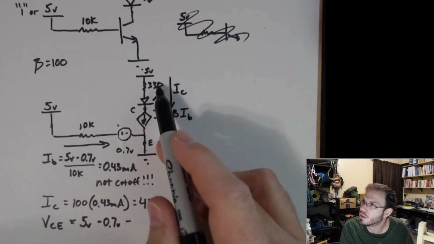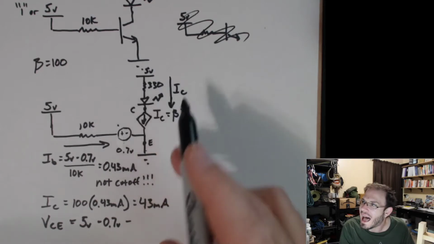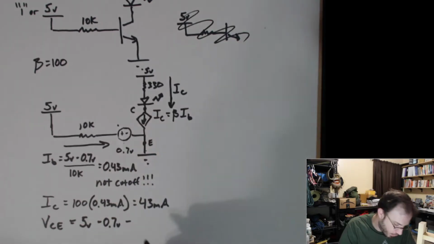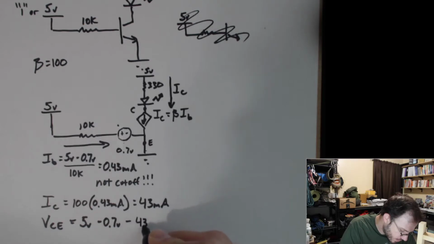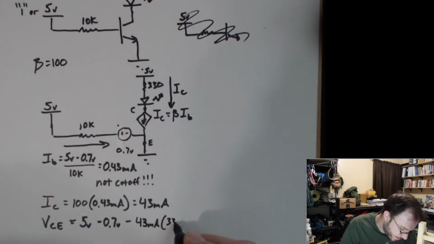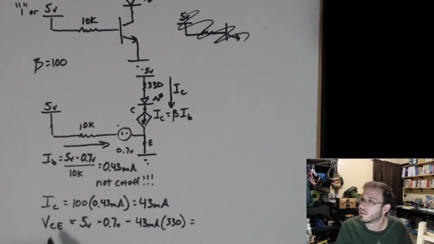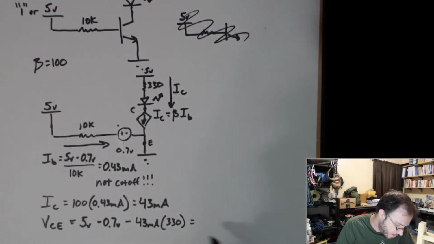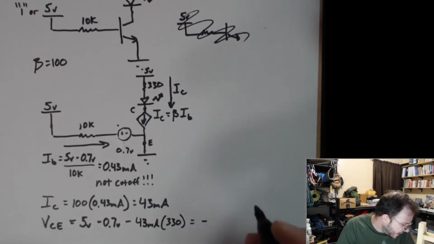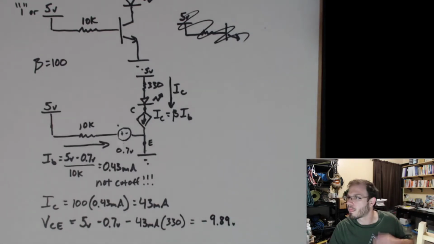We specify the voltage drop across the resistor using Ohm's law: V equals IR, where I is the collector current going through it, 43 milliamps, times its resistance, which is 330 ohms. This gives us the voltage between the collector and the emitter, which when you solve this ends up being minus 9.89 volts.